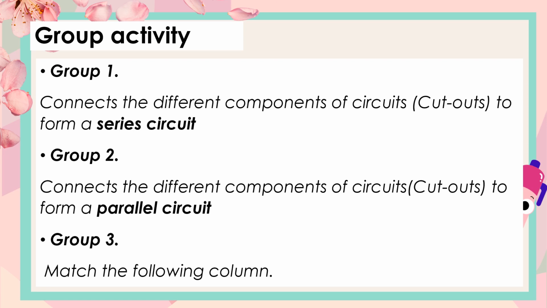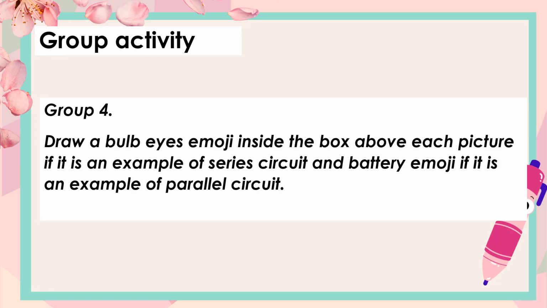And for group 3, match the following columns. And for group 4, draw a bulb emoji inside the box above each picture if it is an example of a series circuit, and a battery emoji if it is an example of a parallel circuit.